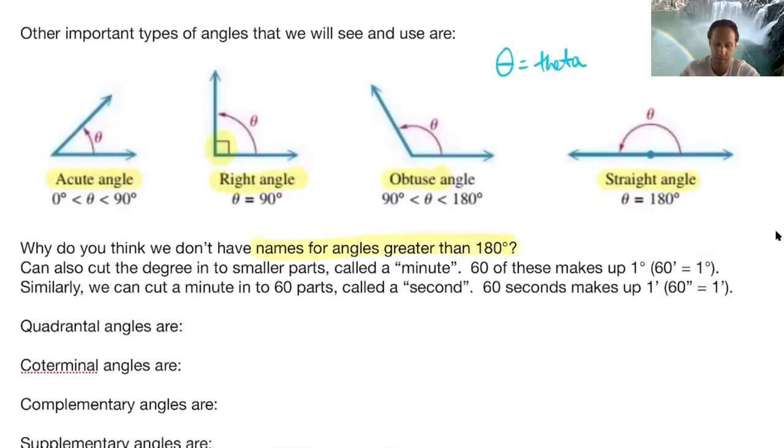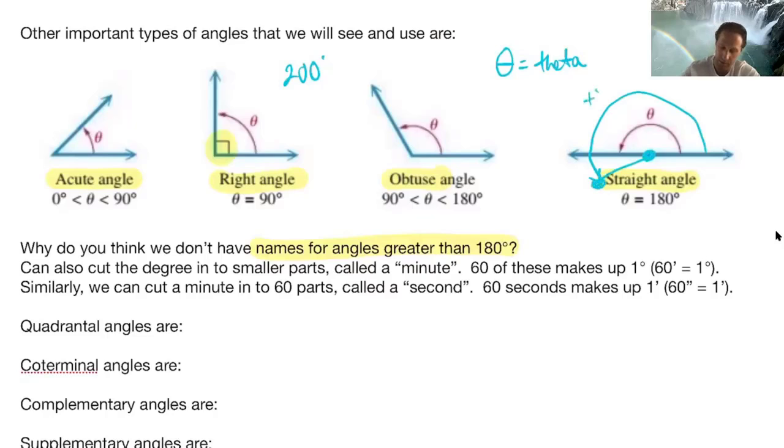Well, if you think about the drawing of these things, right? If I was to start rotating around, and I tell you to go more than 180, say 200 degrees, well, rather than going 200 degrees, which is going to make me go all the way here plus 20 more just to get to that point, what could I have done instead?